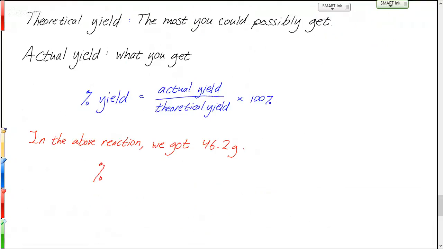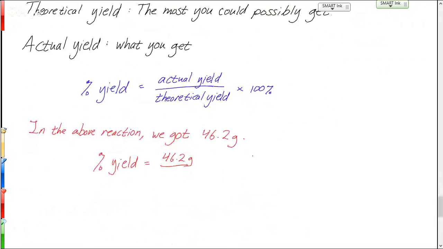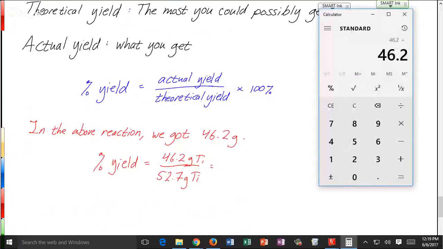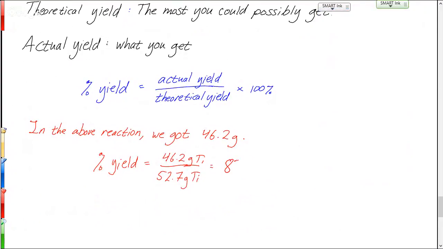So then our percent yield is 46.2 grams over 52.7, converted into a percent, 87.7%. That's our percent yield. That's an important number.